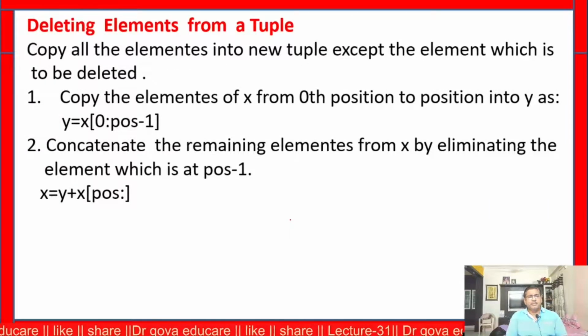Deleting elements from a tuple. We cannot delete any element from the tuple because the tuple is immutable. But we can delete elements in this way: copy all the elements into a new tuple except the element which is to be deleted.